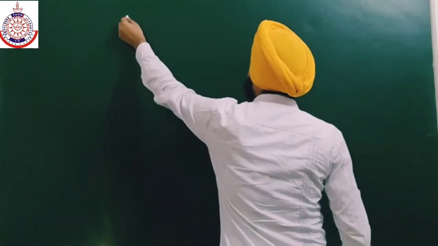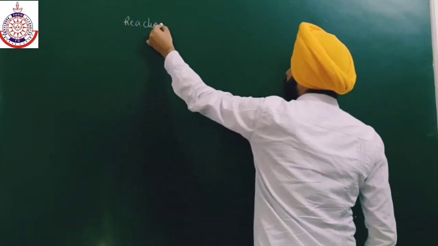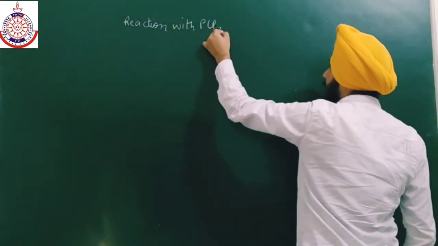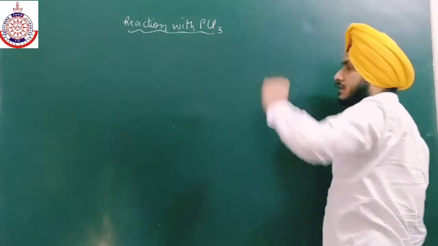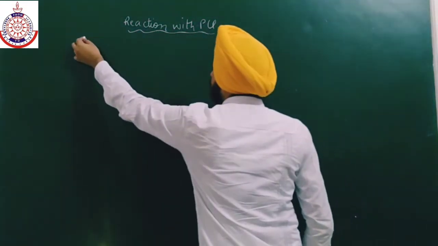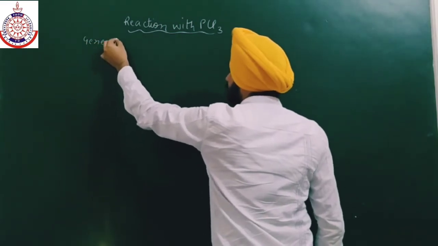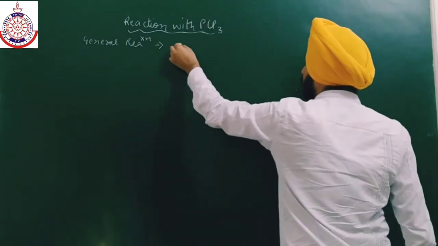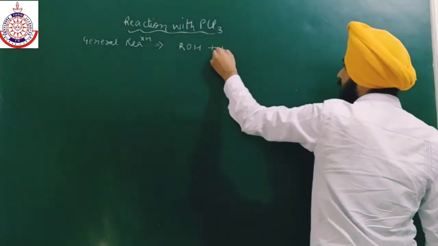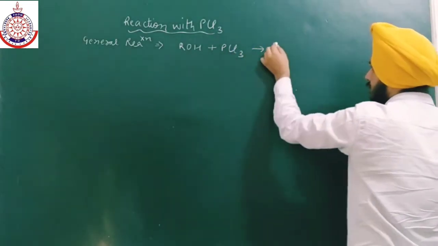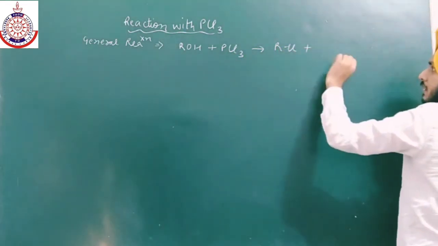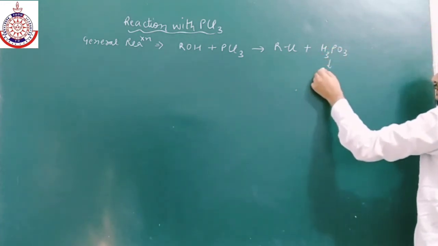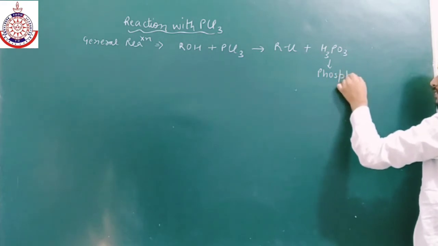So, reaction with PCl3: we have alcohol, and the general reaction will be ROH plus PCl3 gives RCl plus H3PO3, and we know that H3PO3 is phosphorus acid, the byproduct.